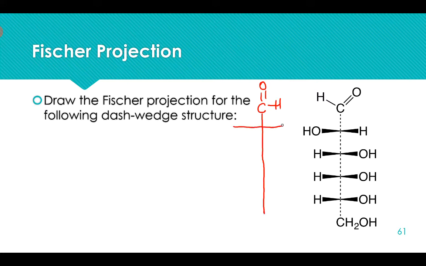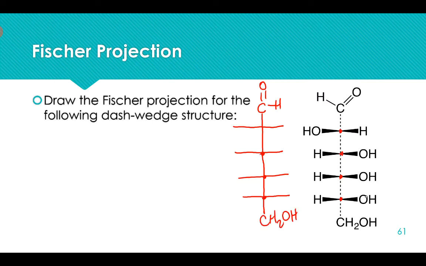This carbon represents that. This cross represents that one. This cross represents that one. This cross represents that one. And then I have a bottom CH2OH group.